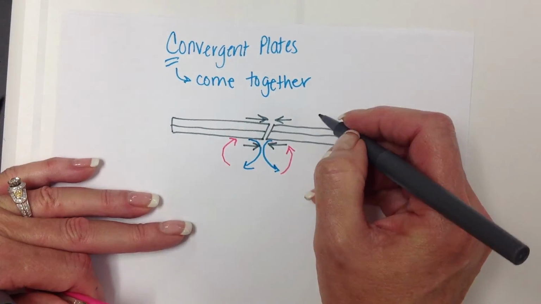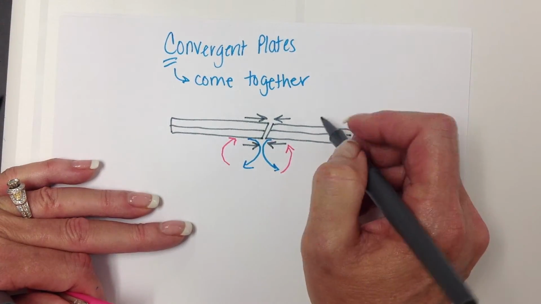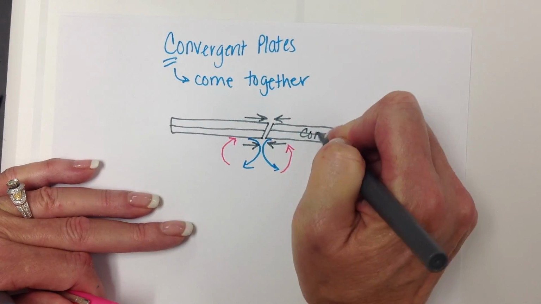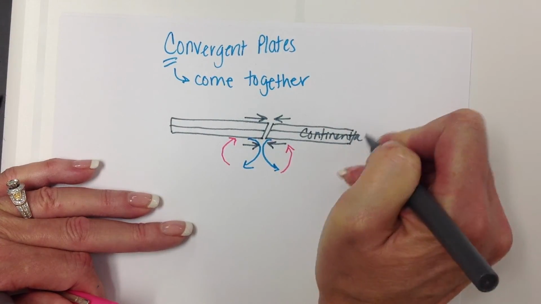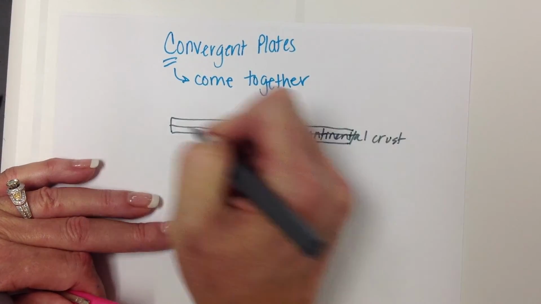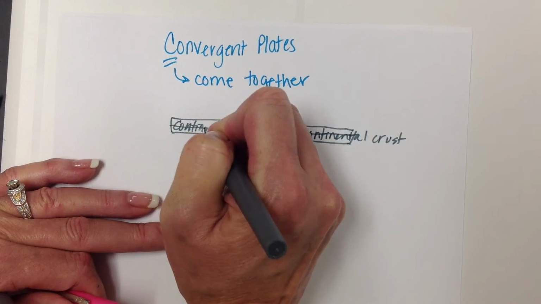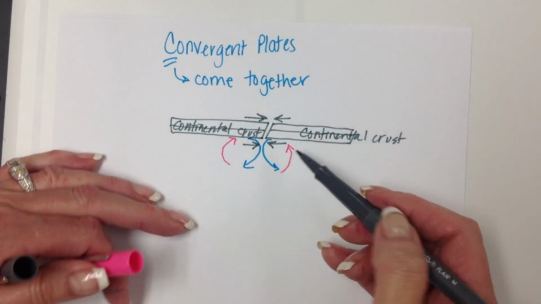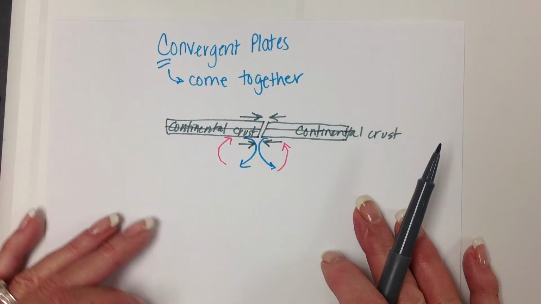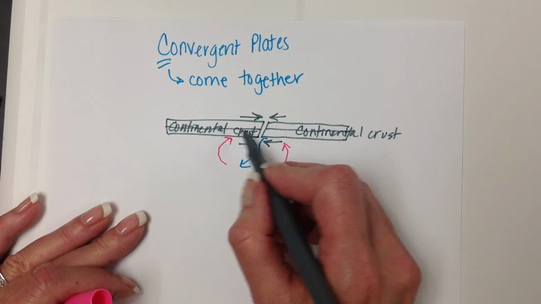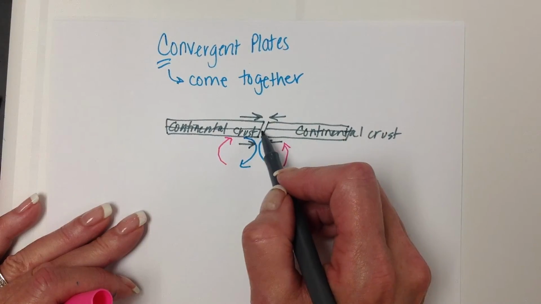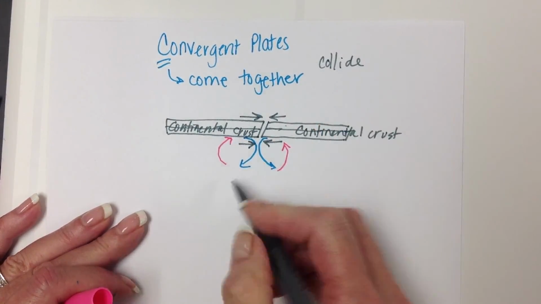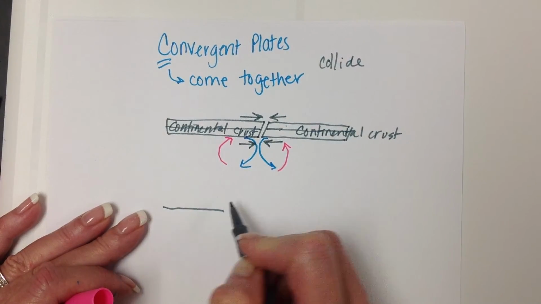Let's say both of these are crust that carries land or continents. We're going to call this continental crust. And continental crust. So these are both kind of the same densities, made up mainly of granite rock. So what's going to happen when these two collide or come together? They're going to actually form mountain ranges.